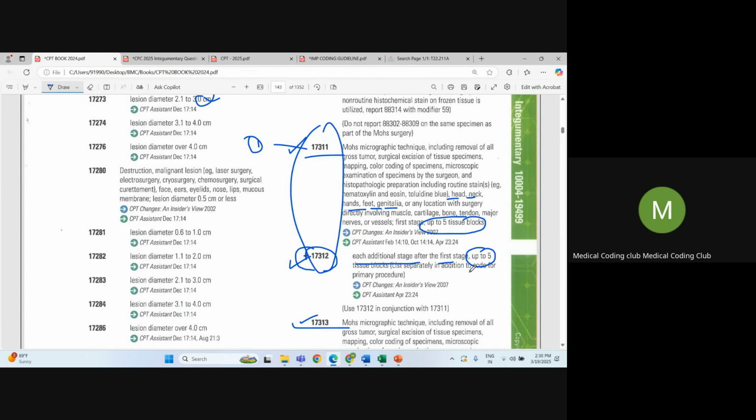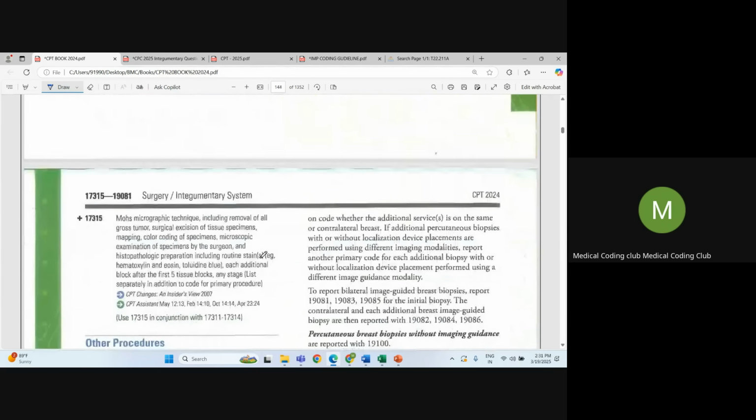If the surgeon is taking more than 5 blocks, that means 6 or 7 tissue blocks, that extra block should be coded utilizing add-on code 17315. This is for after the first tissue block in any stage.